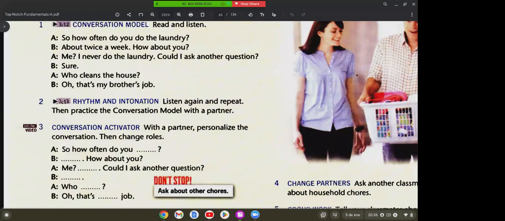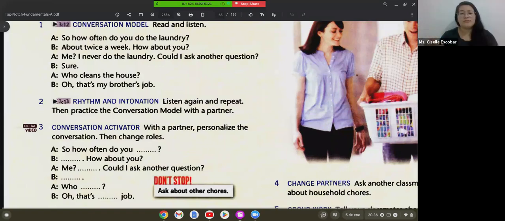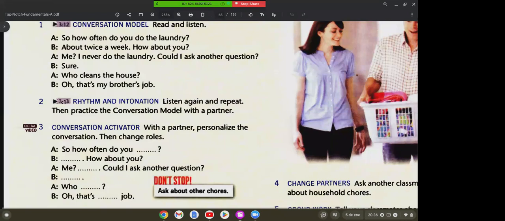Let's see, Jim, you are starting. Usted empieza, creo. Perfect. So how often do you wash the bicycle?